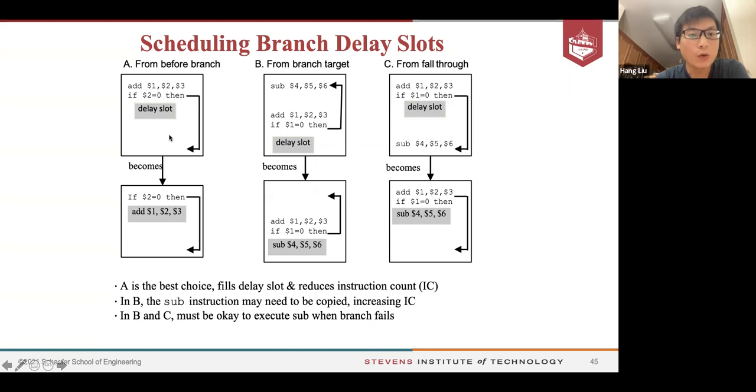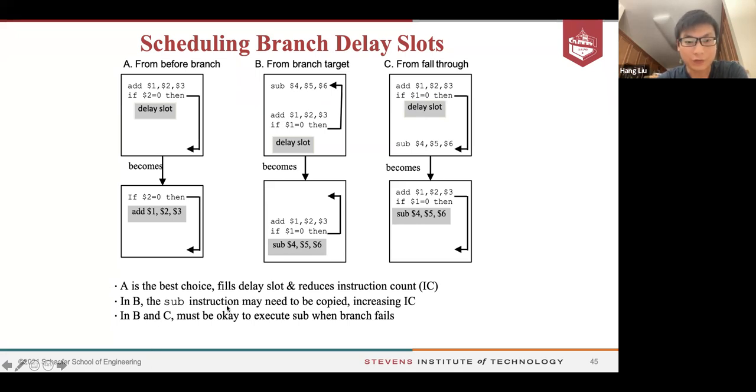Taking all of them together, we use an instruction that has to be executed no matter what to occupy the delay slot. The delay slot is always occupied, but it can be occupied by an instruction from before the branch, from the branch target, or from fall through, right?